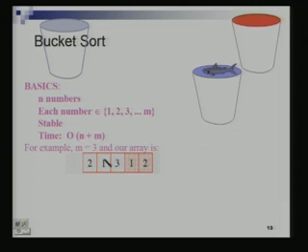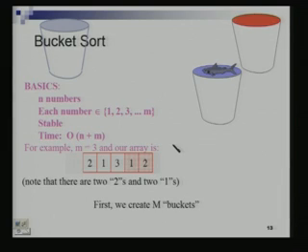Okay. And let us see how this works. Suppose this is my collection of numbers 2, 1, 3, 1, 2. So, m is 3, because you can see the numbers are in the range 1, 2, 3. There are 2 2s and 2 1s. First, we are going to create m buckets, and you can understand what you will do in each bucket.